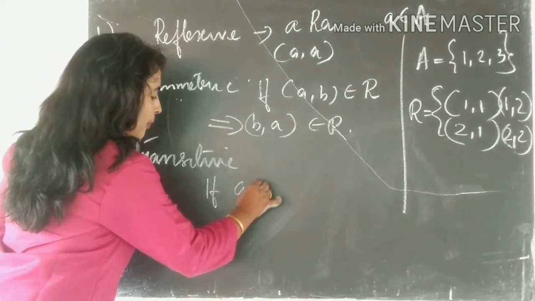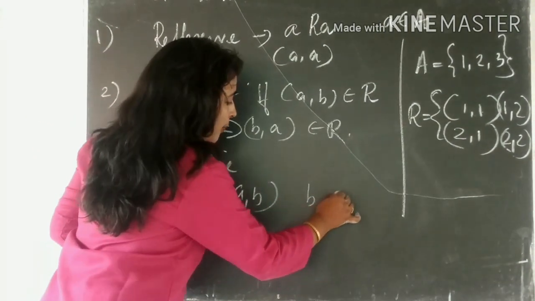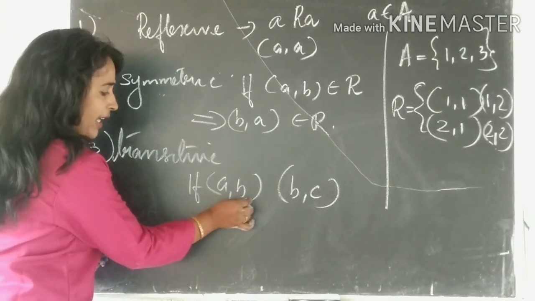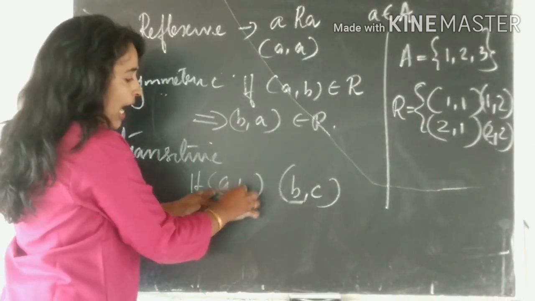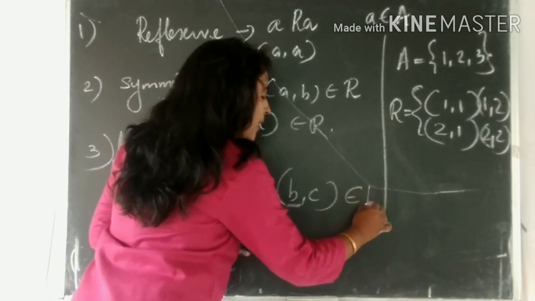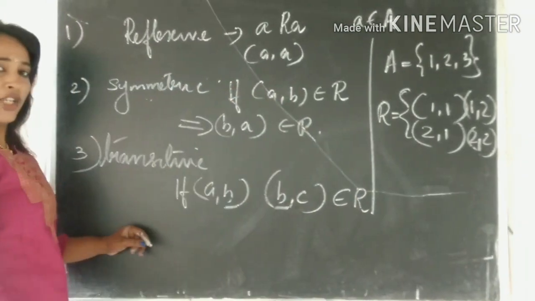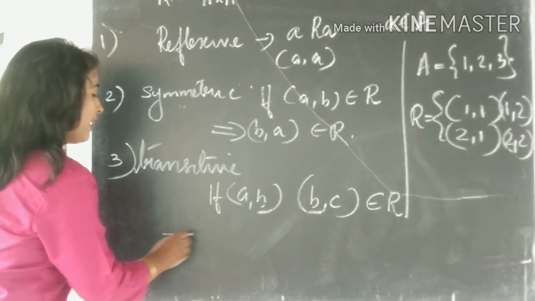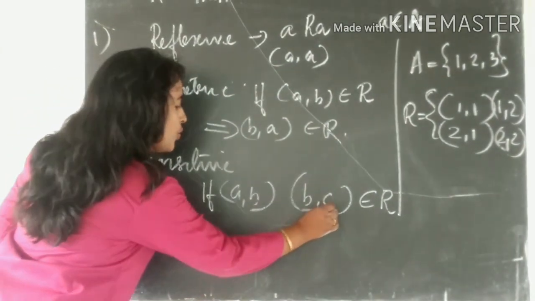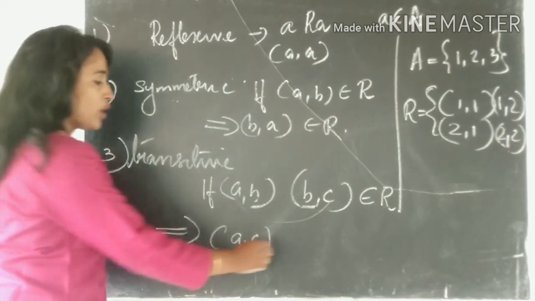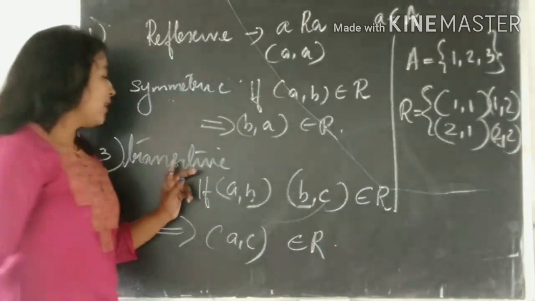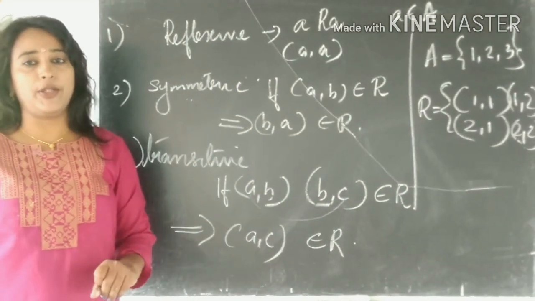If ordered pair AB and ordered pair BC, listen, AB ends with B and the next should start with B, are both present in the given relation, then you can demand for the ordered pair AC. If this is also present in the relation, then we say it is transitive.